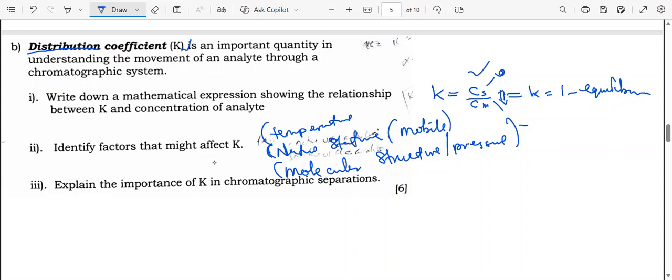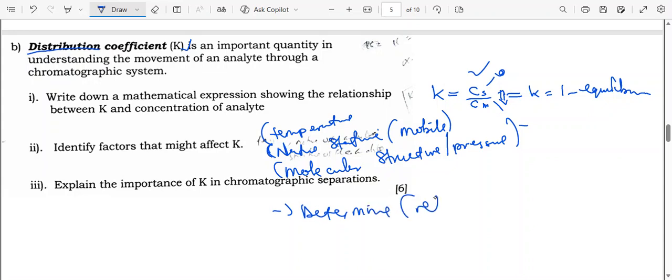Then, explain the importance of K in chromatography. The importance of K in chromatography is, one, it determines the interaction, because for this equilibrium to be set, it affects the retention time. We are here in chromatography to talk about retention time.